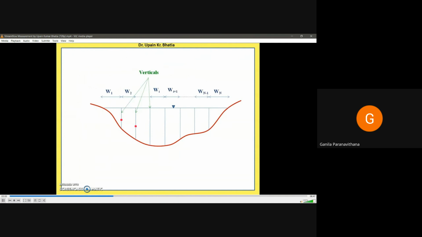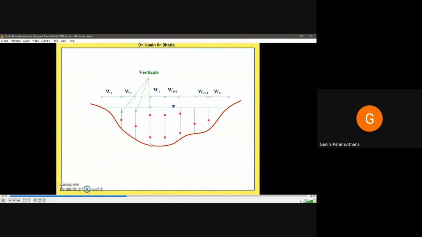If the depth of vertical is more, we can adopt two-point approach also. That means we have to measure the velocity at two points. First at 0.2 times the depth of flow, and second at 0.8 times the depth of flow along this vertical, and the average of these two velocities is going to give us the overall average velocity along this vertical.